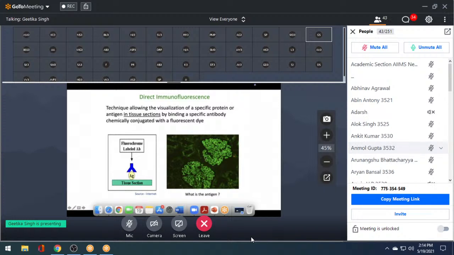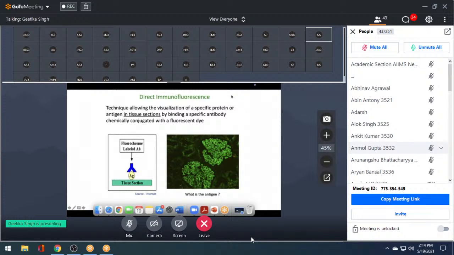So I like asking this question. What is the antigen here? Does anybody want to try and answer that based on what we've discussed right now? When I have a patient of post-streptococcal glomerulonephritis, what am I aiming to detect? Am I going to look for the streptococcal antigen?